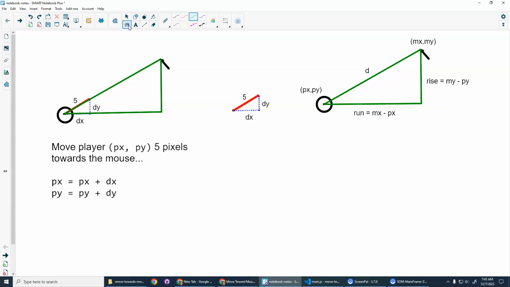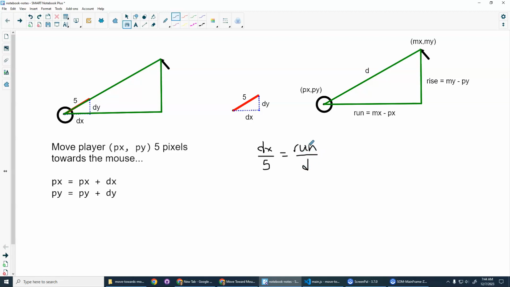So if I can try to draw this, it's always hard, but I'll try, drawing with my mouse. Okay, so we can set up an equation where the ratio of this side to the hypotenuse, dx over 5, is equal to the ratio of this side to this side, so that's run over d.